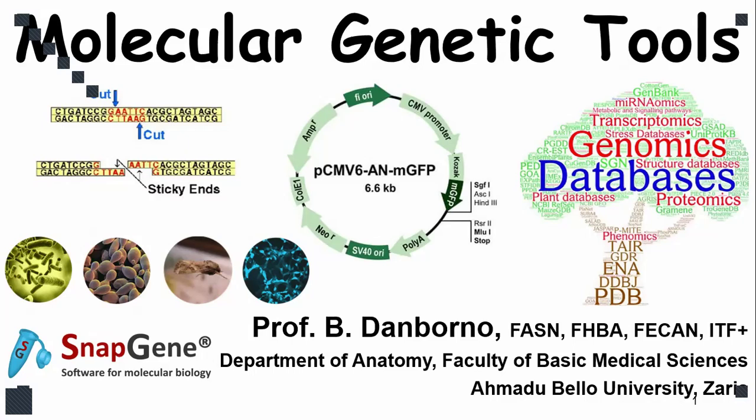Thank you very much. That is a summary of molecular genetic tools that we have just done. So what have we achieved today? We have seen that molecular genetic tools are tools we can use to manipulate genetic molecules. When we talk about genetic molecules, we are talking about nucleic acids, amino acids, and the polypeptides that are going to be produced.